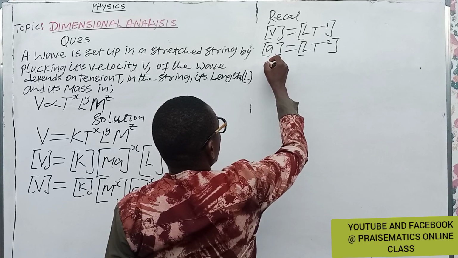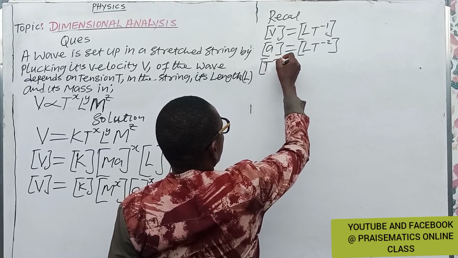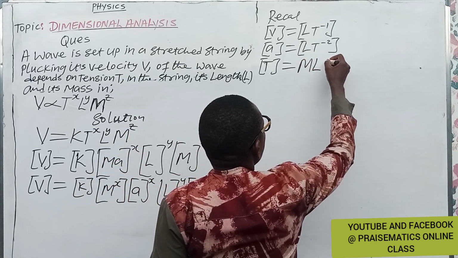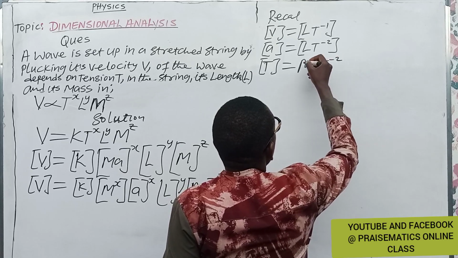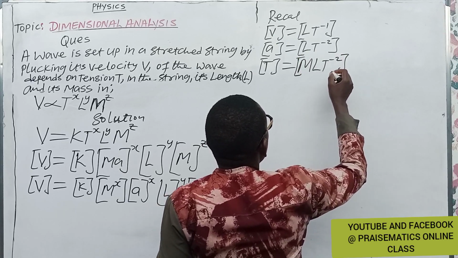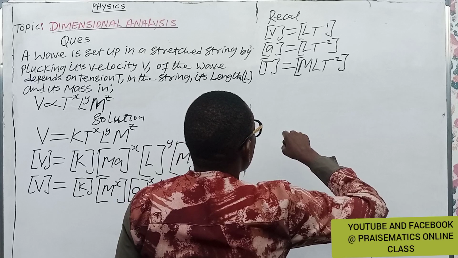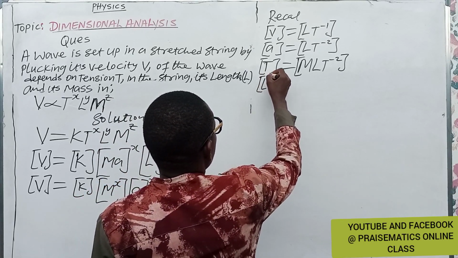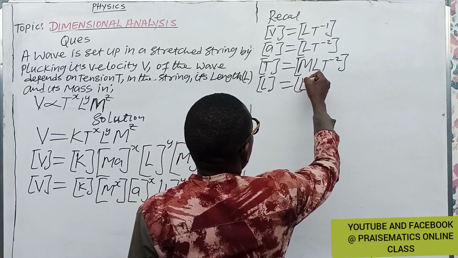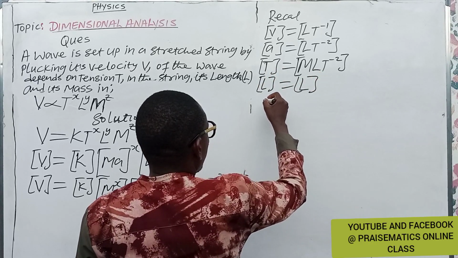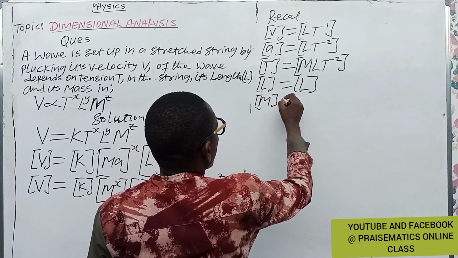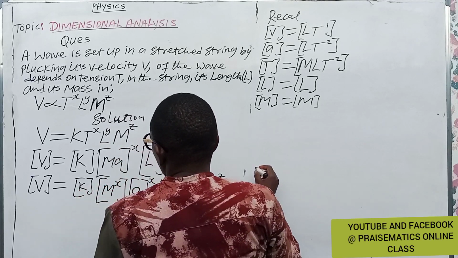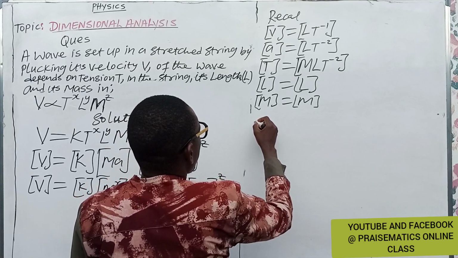The dimension of tension is the same thing as the dimension of force, which is M L T raised to power minus 2. And the dimension of L is the same thing as L. The dimension of M is the same thing as M.